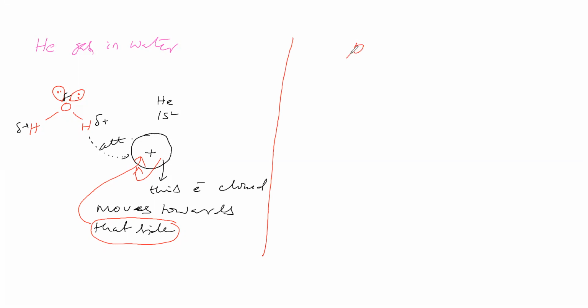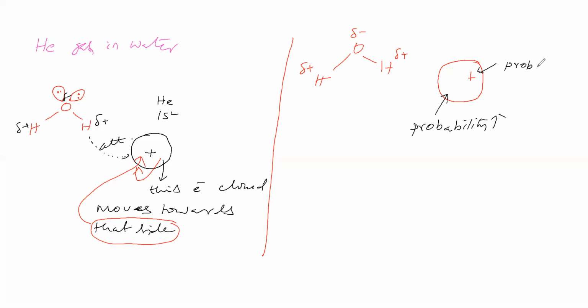We'll see. Now in water this end is partial positive, this end is partial negative. The helium electron cloud becomes like this. So in this helium electron cloud, here the probability of electron cloud is high, here the probability of electron cloud is low.